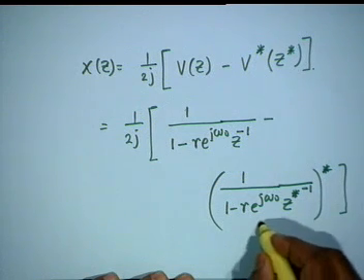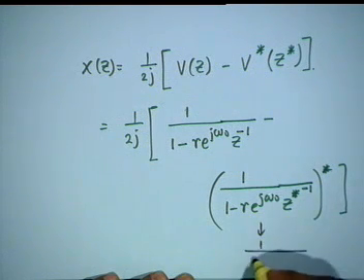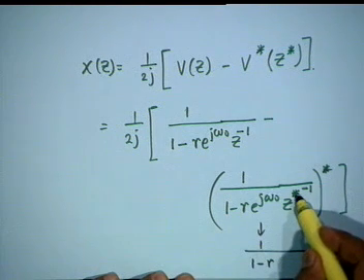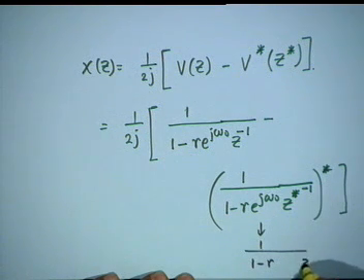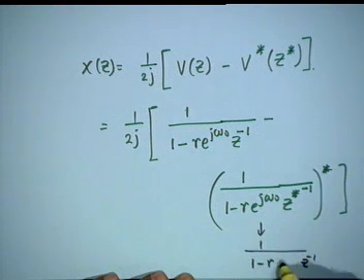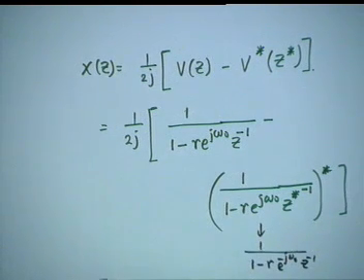Now, what is this quantity? Obviously, this is 1 by 1 minus r z star star to the power minus 1, which is z to the minus 1, and star of e to the j omega 0 is simply r e to the minus j omega 0. Now, you can add the two quantities and get the desired result. What is the result? That algebra you can carry out.